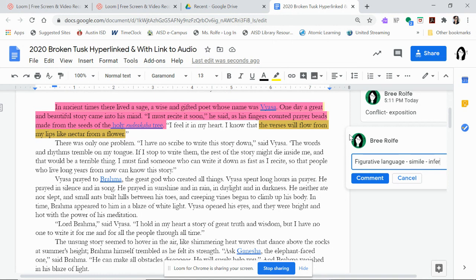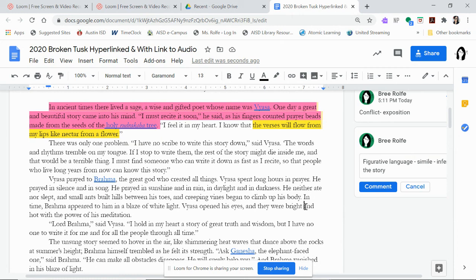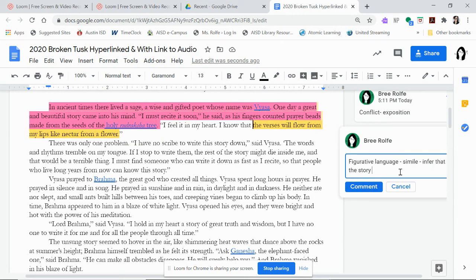And I'm going to infer that the story is natural to him. I don't know how to explain that, but it just means that it's a story that sort of has to come out of him, because it's flowing out like nectar from a flower.